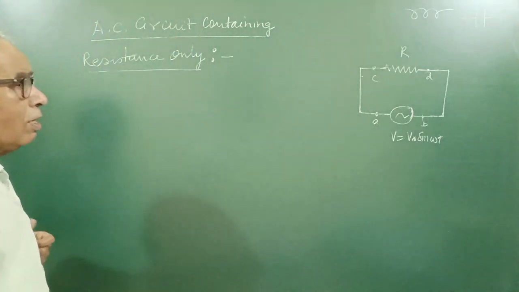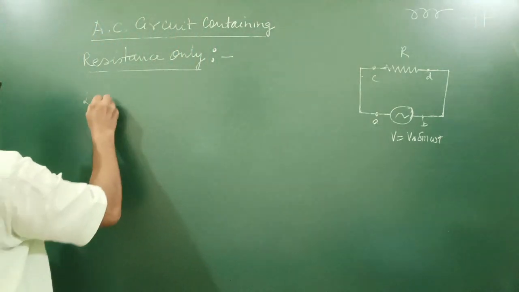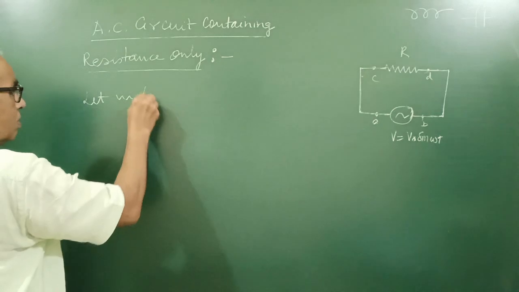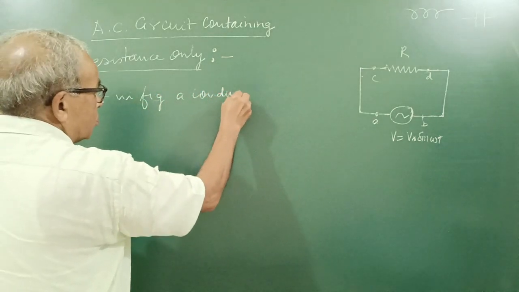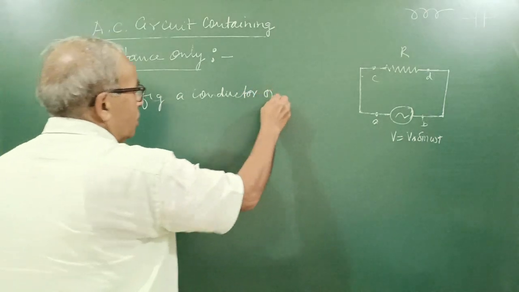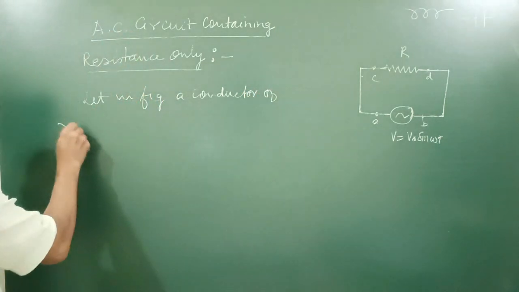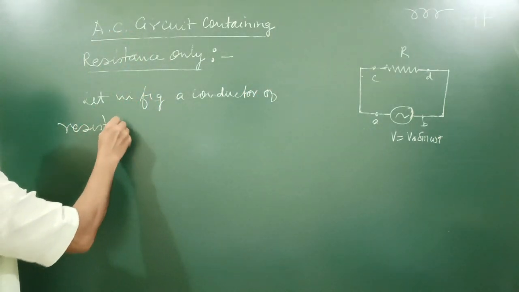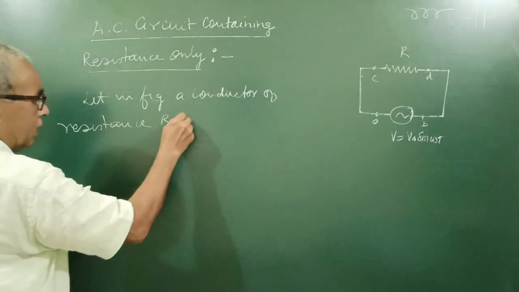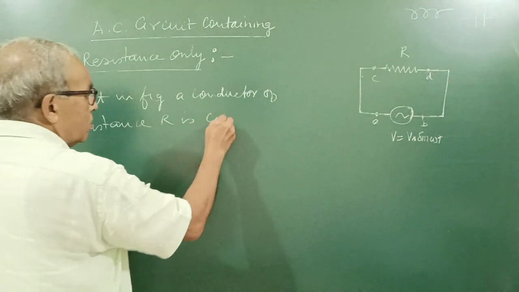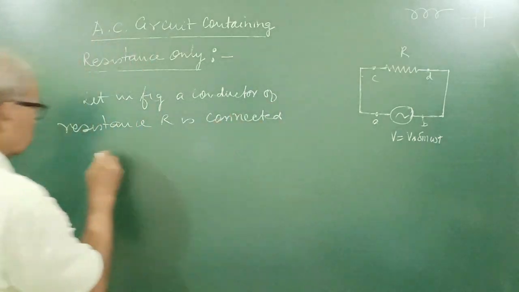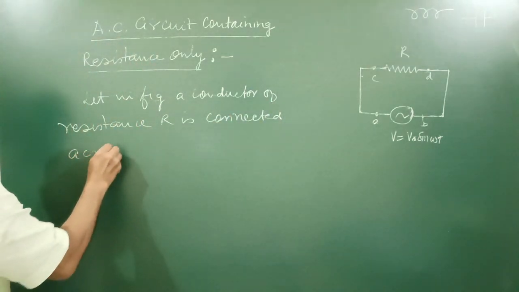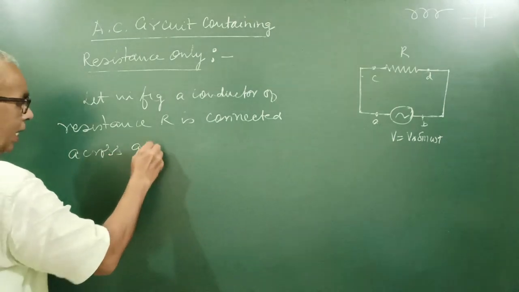So let, in the figure, a conductor of resistance R be connected across an AC supply.